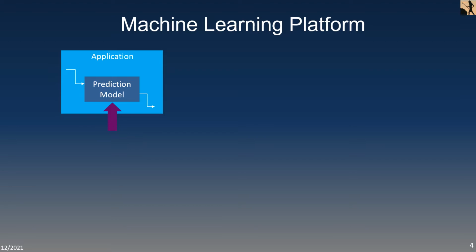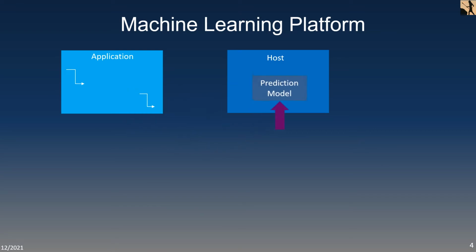We have some intelligent applications that seem to have a prediction model inside. In reality, such a model would be hosted by a server, mostly more powerful than your notebooks.